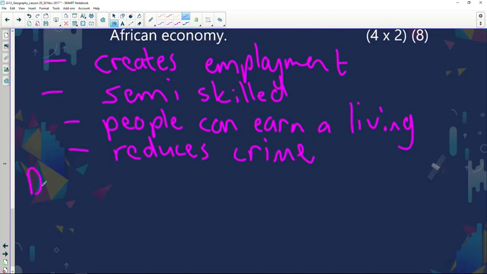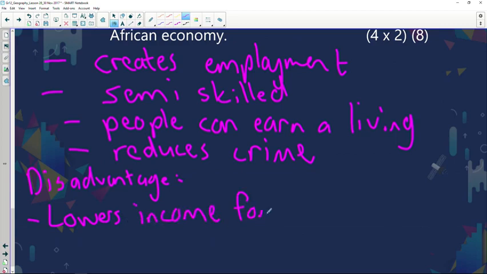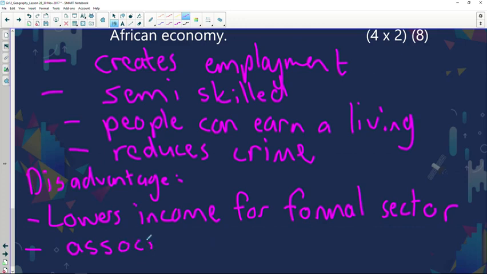Now, what are the disadvantages? I'm just going to write it over here. If you look at the disadvantages of the informal sector, it lowers the income for the formal sector. It's usually associated with illegal importations. I'm just going to write illegal activities.